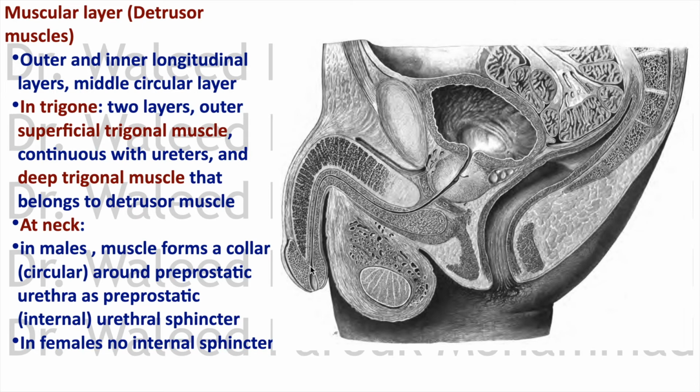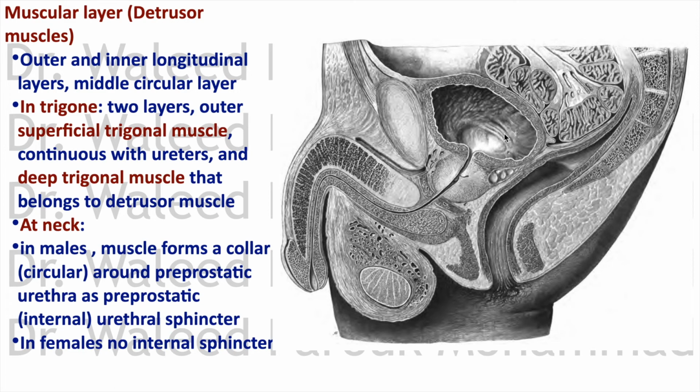As you can see here, it only thickens around the pre-prostatic urethra to form the internal urethral sphincter. It's not for the function of micturition. The main function of this sphincter is to close down the urethra high up, to prevent regurgitation of semen in the urethra to the inside of the urinary bladder.